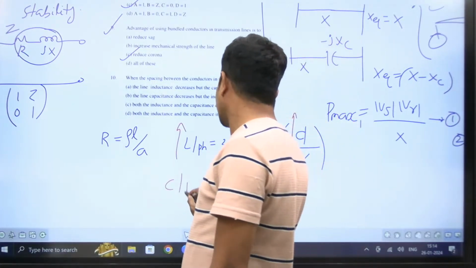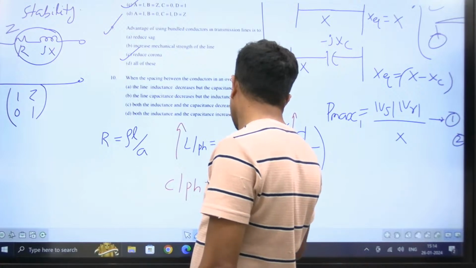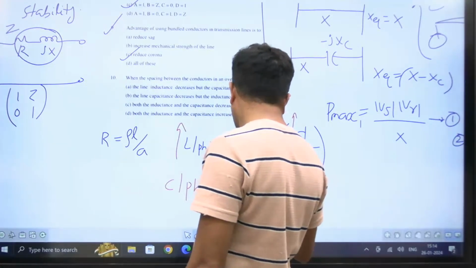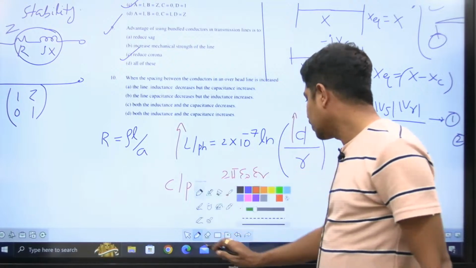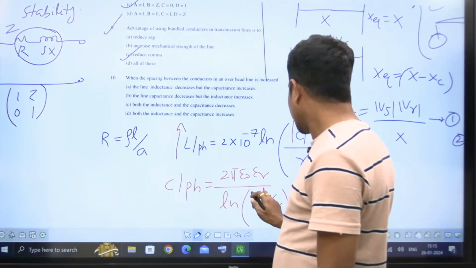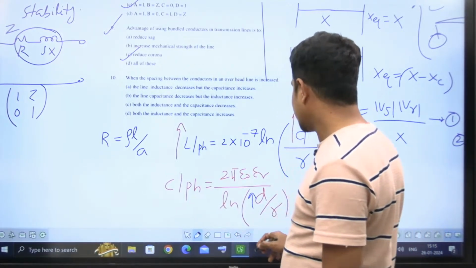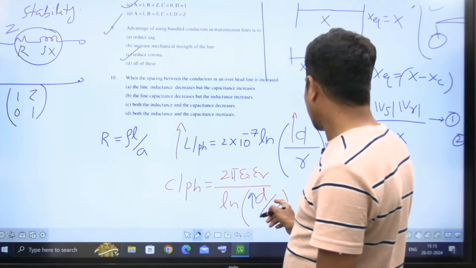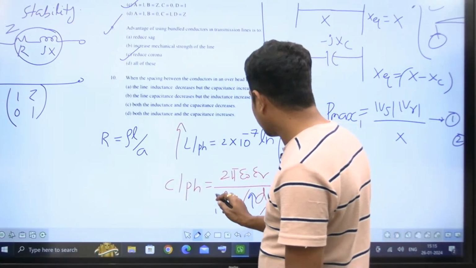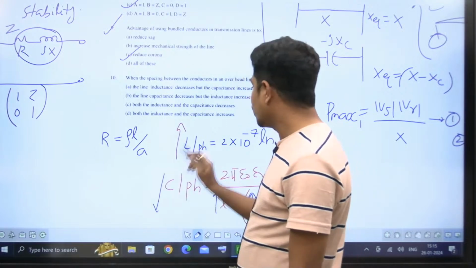What is the C per phase formula? C per phase is equal to 2 pi epsilon naught epsilon R by ln of D by R. Here, if D is increased, this particular ln of D by R will increase and capacitance is going to decrease.